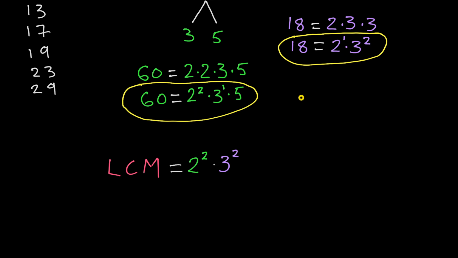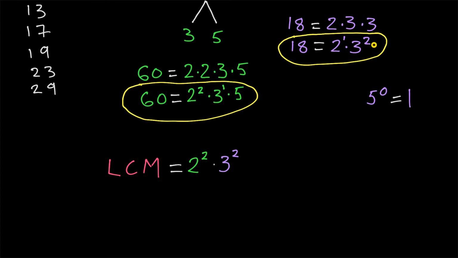Now, is there a 5 on the right-hand side of this equation? Yes, there is. Is there a 5 on the right-hand side of this equation? No, there isn't. Well, implicitly, there is a 5 on the right-hand side, it's just a 5 to the power of 0, because 5 to the power of 0 is equal to 1, and if you multiply anything by 1, you get itself.